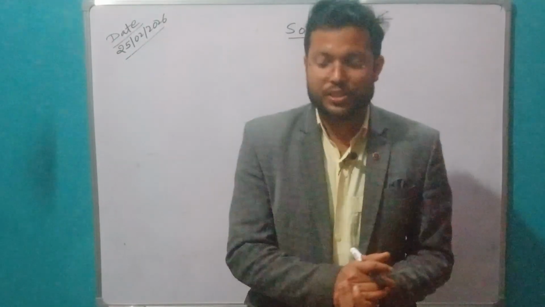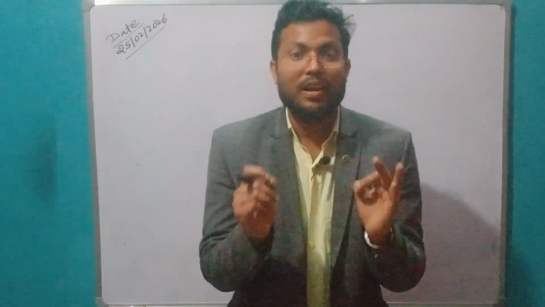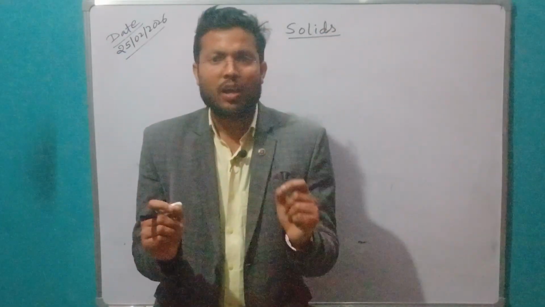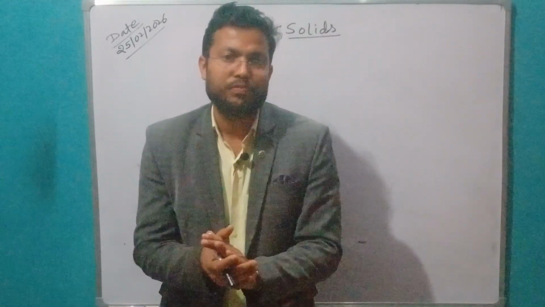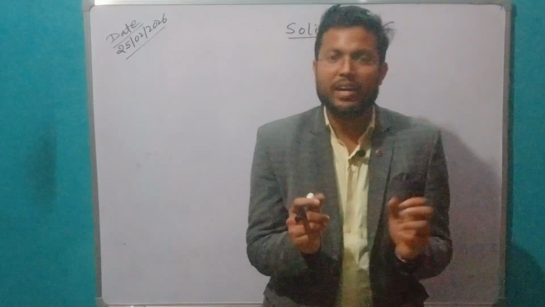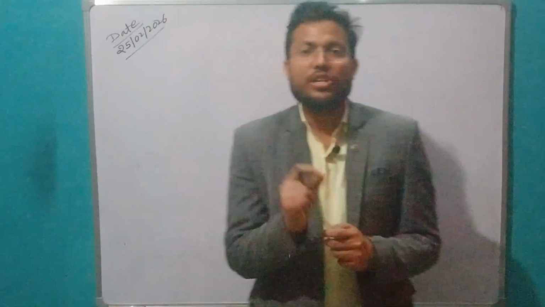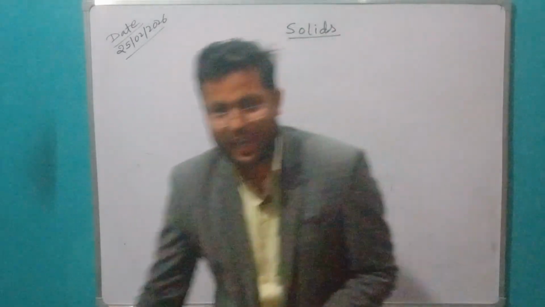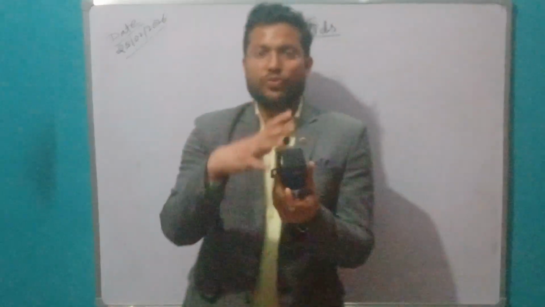What are solids? Solids are 3D geometry which have length, breadth and height, and also occupy space and have volume. A geometric figure which has length, breadth, height, occupies space and has volume is called a solid. Just like you see this figure, this is a solid figure because it is a closed figure.